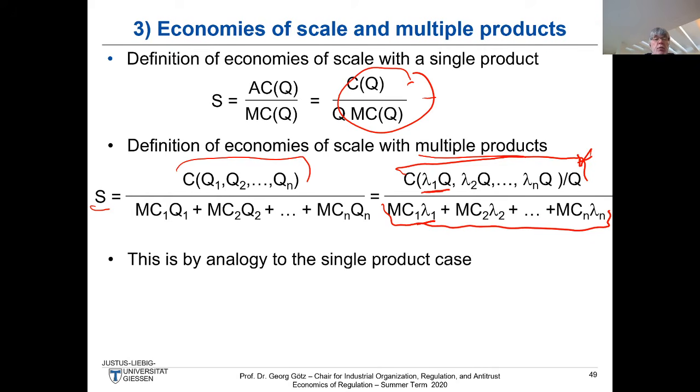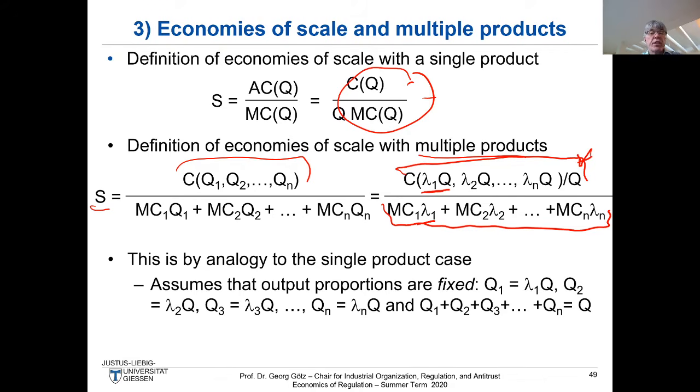Okay, but this is completely analogous to the single product case, and of course that's what I stress frequently. We keep the output proportions fixed, and we now can simply derive the ray average cost. The ray average cost enters here in the numerator.